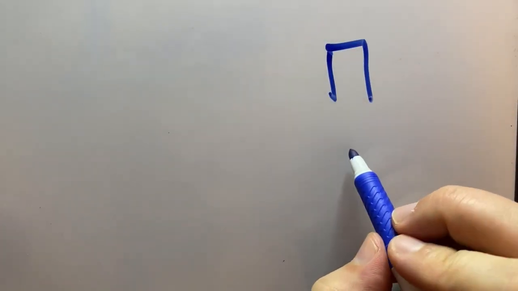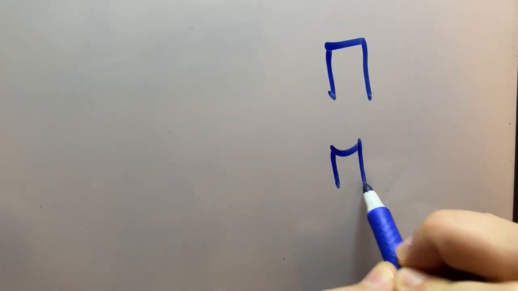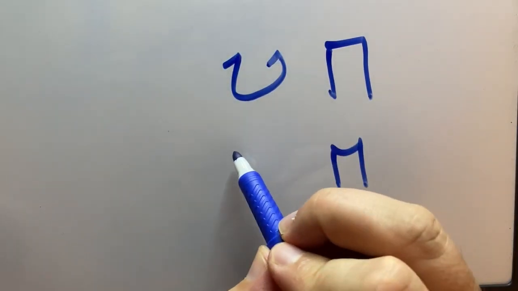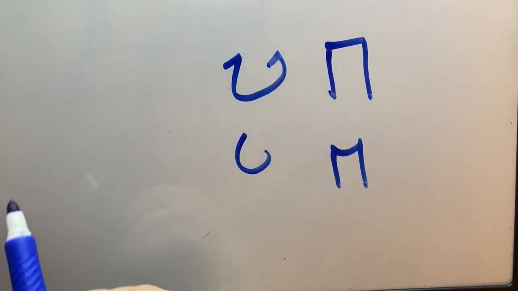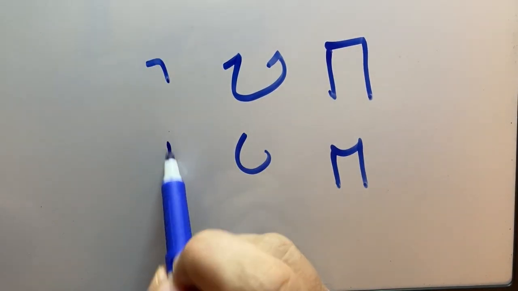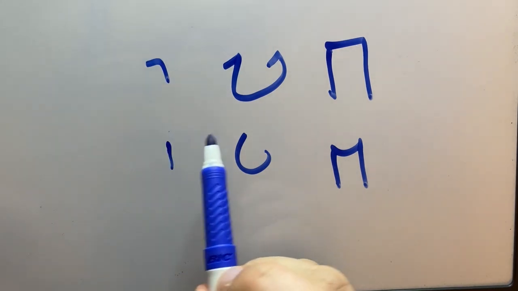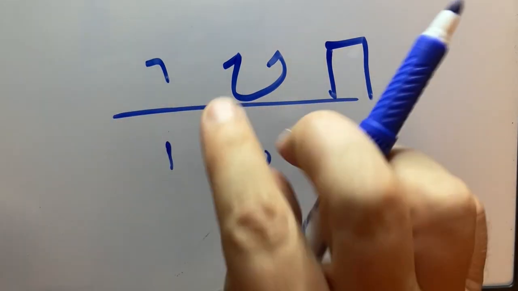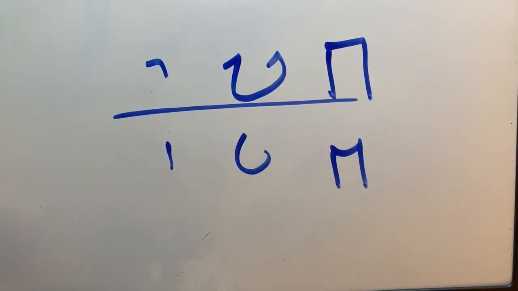Chet. Tet. Yod. Notice how high Yod is. Okay, so if our line rule is there, Yod is up here, the smallest letter.